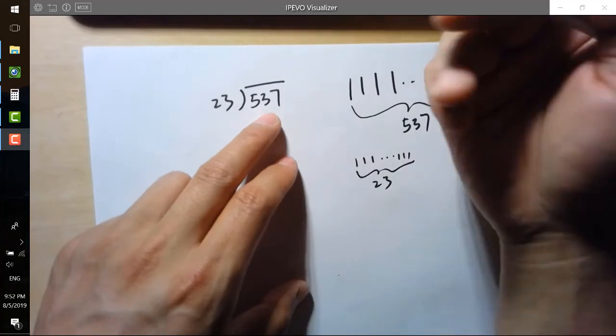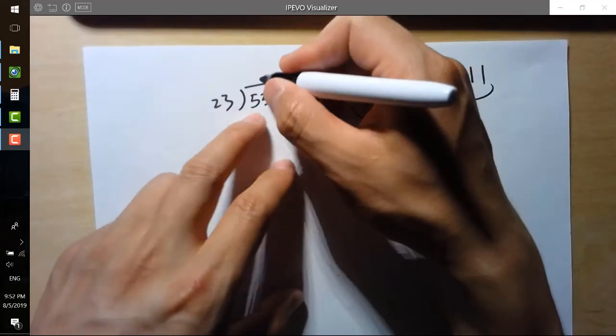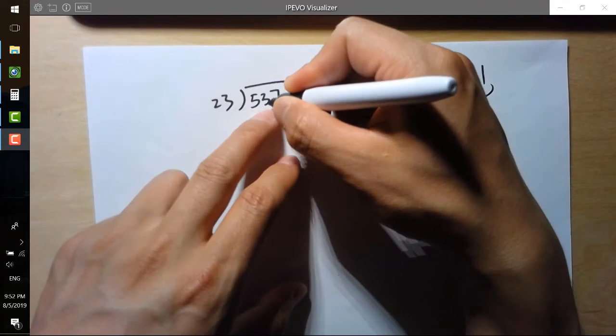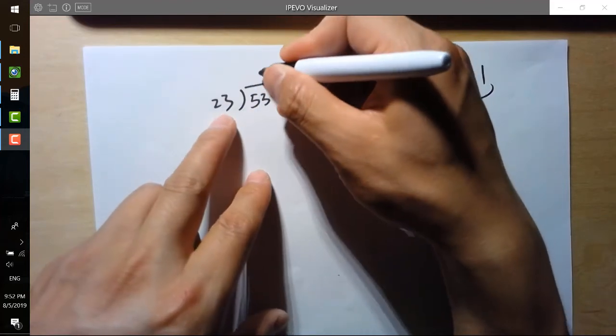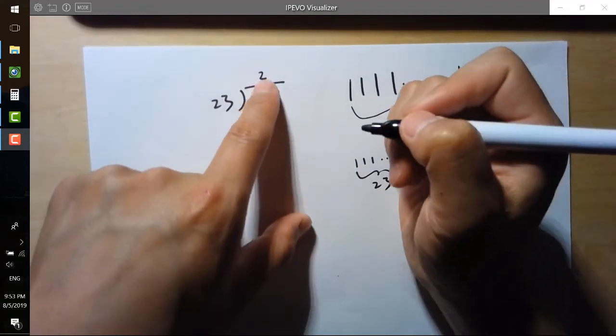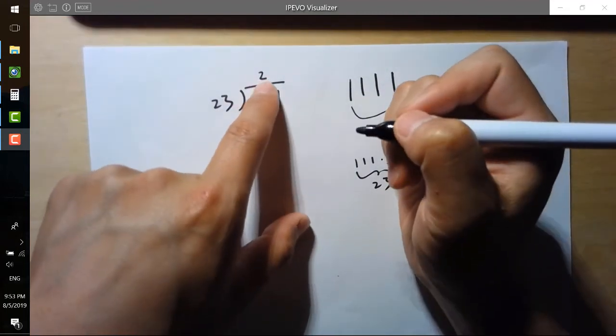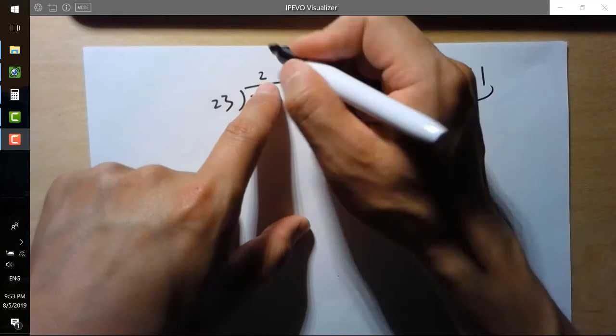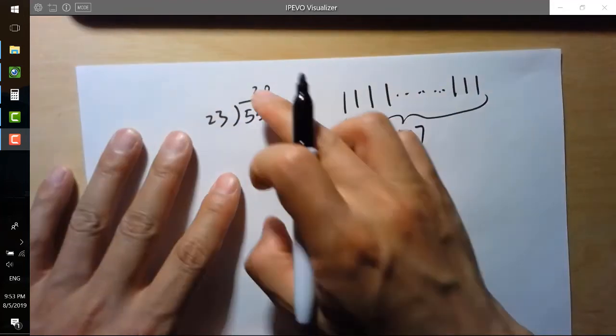53. So usually when you are doing a division from here, we start from here, looking at the 2 digits, and we put a number 2. Okay, so keep in mind, what is 2 here? 2 is not 2. 2 is 20. We just didn't put it down here. So let's just put 20 here.